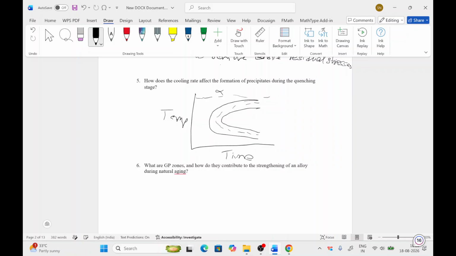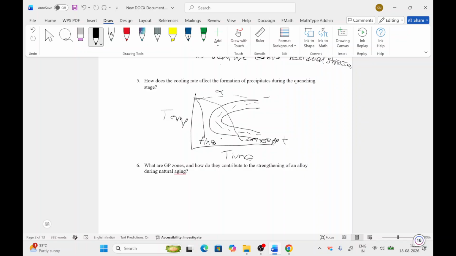So if we do quenching with a low cooling rate, the low cooling rate will take this path. So in this, coarse precipitates are obtained. Whereas if we do very high cooling rate quenching, it follows this path.